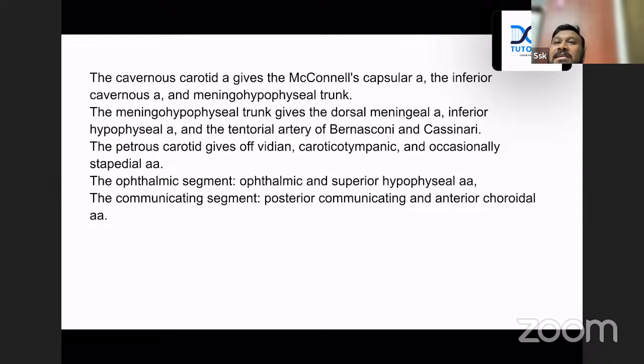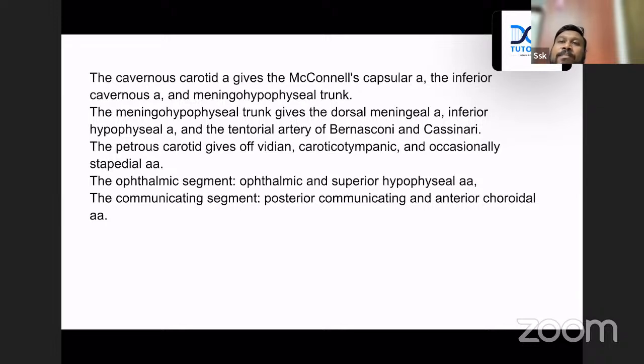And the inferior cavernous artery and the meningohypophyseal trunk. The meningohypophyseal trunk will give rise to the dorsal meningeal artery, inferior hypophyseal artery, and the artery named after Bernasconi and Cassinari, which is nothing but the tentorial artery.